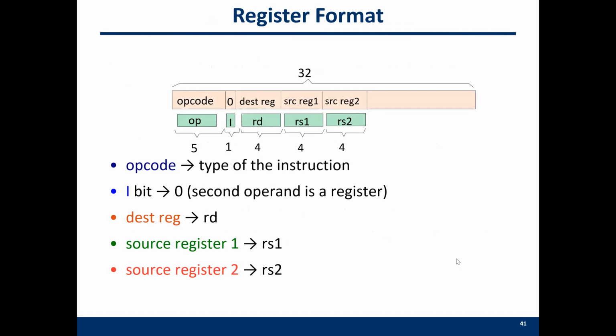So this is the format. The first of these opcode. And the code are for 3 registers. This ID, how many registers you need.